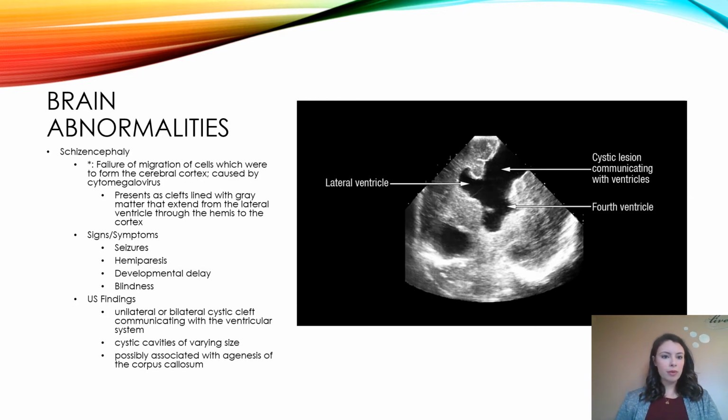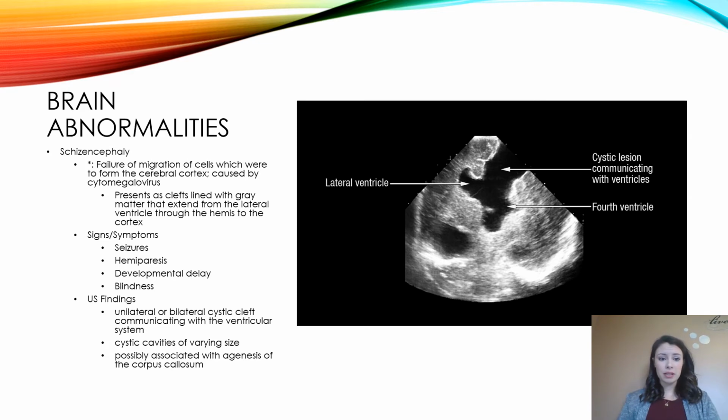The next brain abnormality is schizencephaly, and this is the failure of migration of cells which were to form the cerebral cortex, and that is caused by the cytomegalovirus. This presents as cleft lines with gray matter that extend from the lateral ventricle through the hemisphere to the cortex.